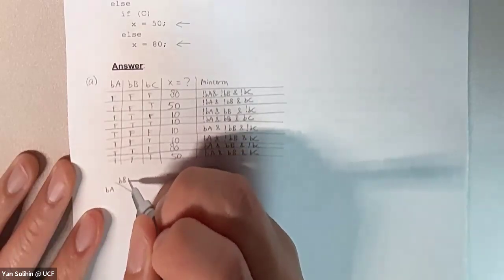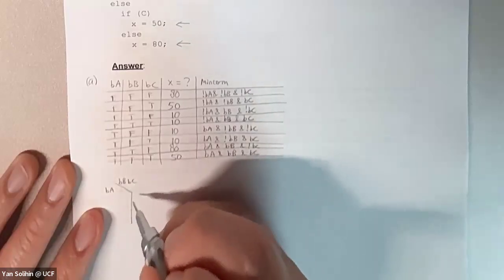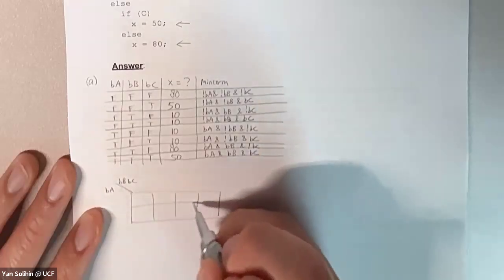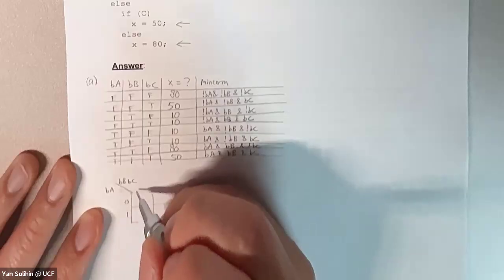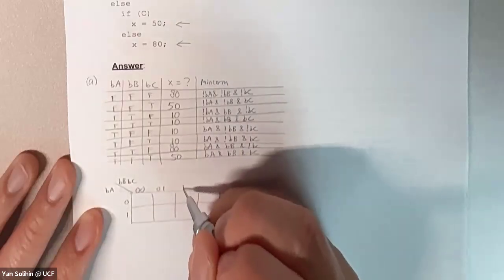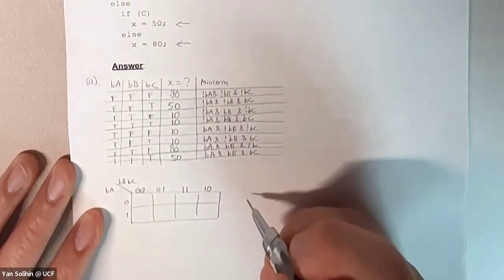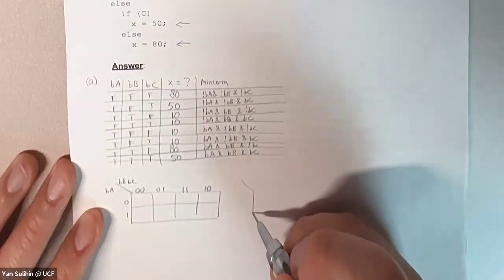So let's say this is BA, BB, BC. So I'm just drawing the template first.